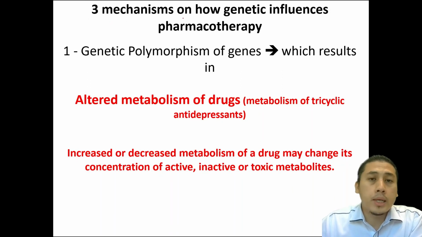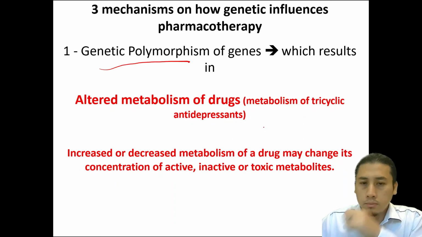There are three mechanisms on how genetics influences pharmacotherapy. So the first one is genetic polymorphism of genes, which results in altered metabolism of drugs. For example, metabolism of tricyclic antidepressant.